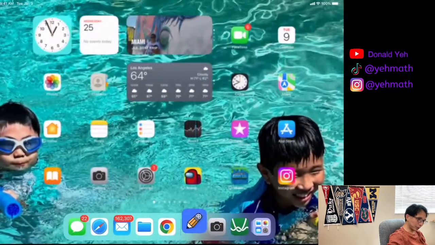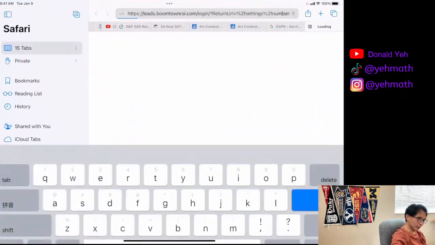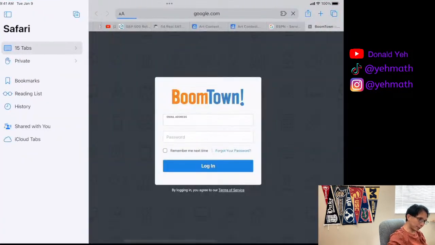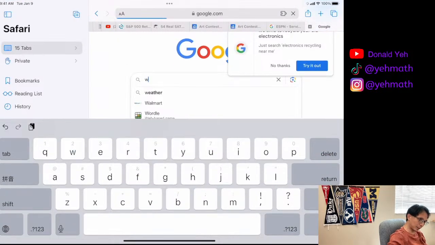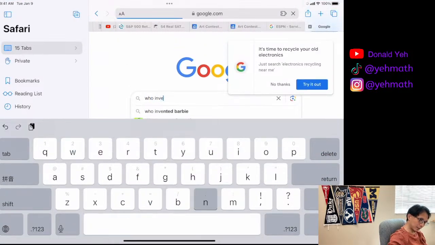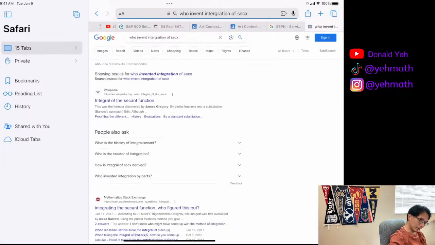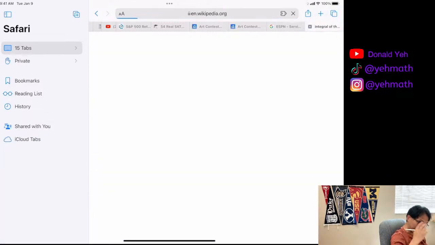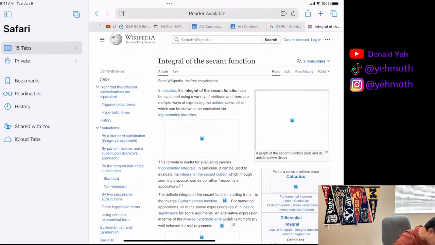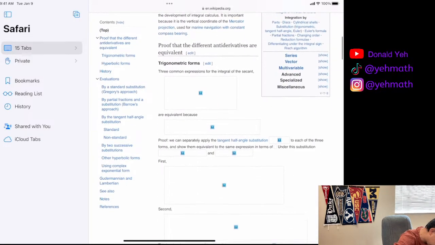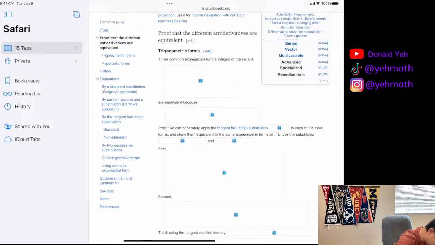So I think last year we looked up who invented the integral of secant function. I didn't read it, but I know there are several ways to do it.